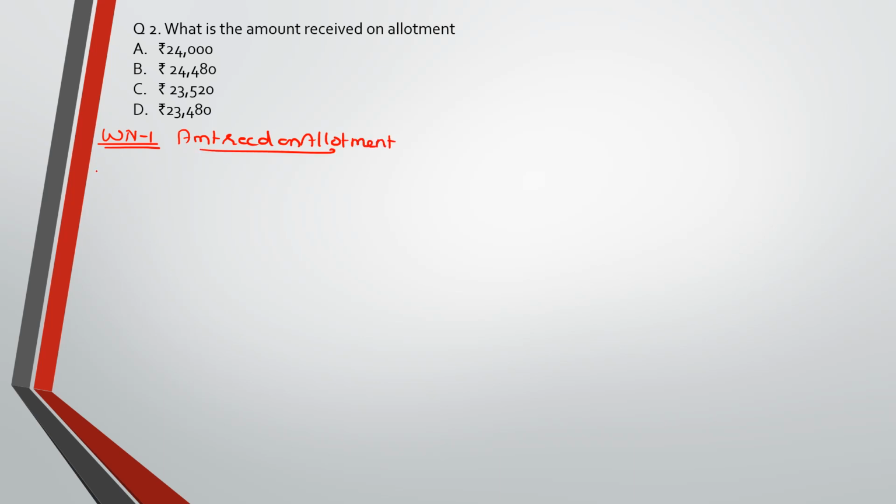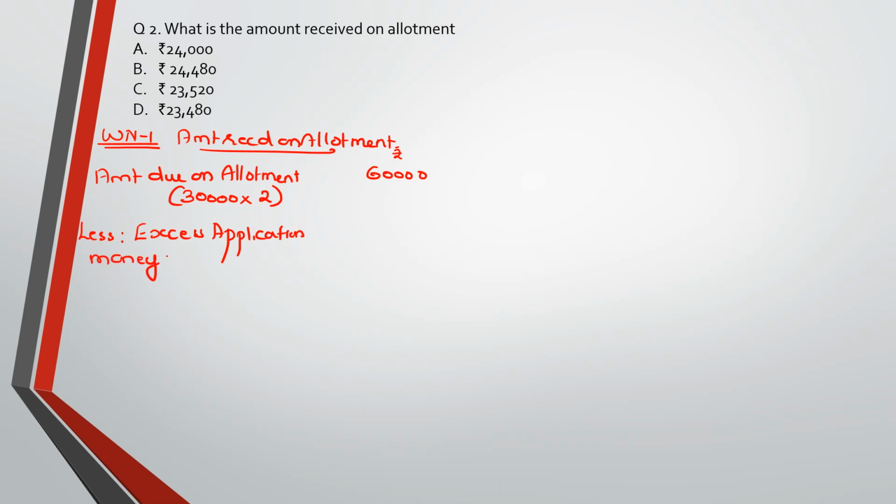The amount which is due on allotment is the number of shares which have been issued, 30,000 into 2 rupees. So that comes to 60,000 rupees was supposed to be received. But we know that there was a pro rata allotment done: 36,000 applications but allotted only 30,000. So we have to remove the excess application money.